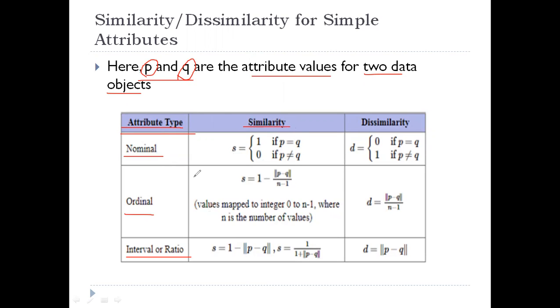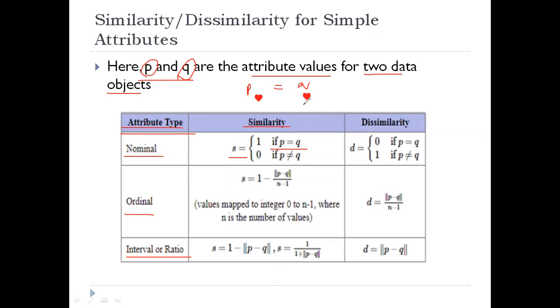The similarity equation for the nominal attributes is S equal to 1 if and only if P and Q are both equal. Suppose P is one heart symbol and Q is another heart symbol. So this is P and this is Q. Then P and Q are equal, why?